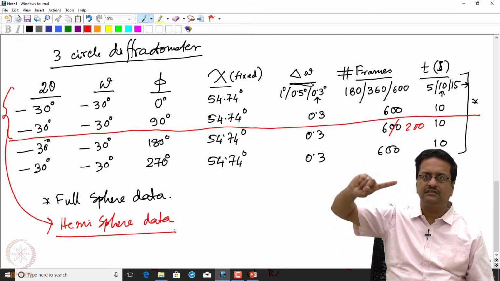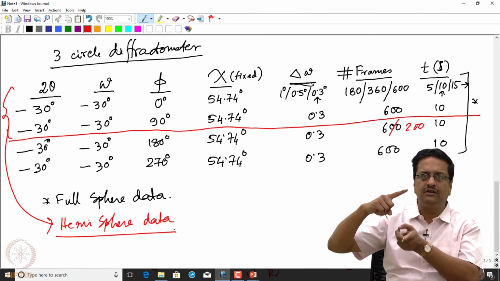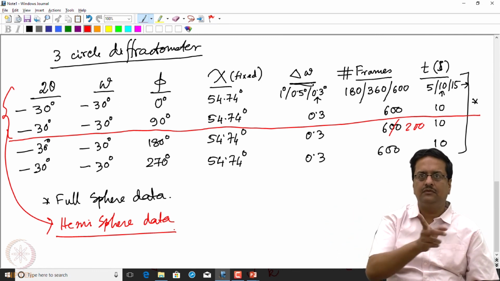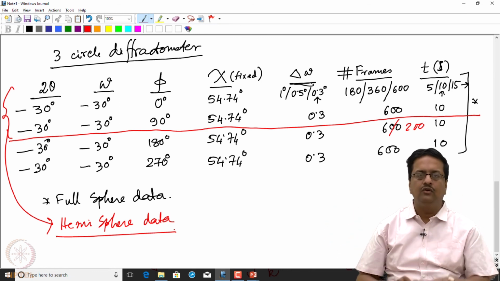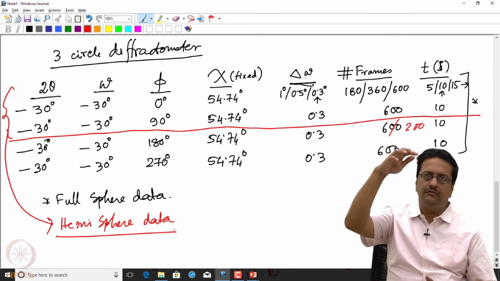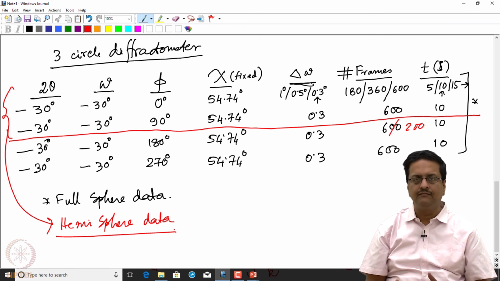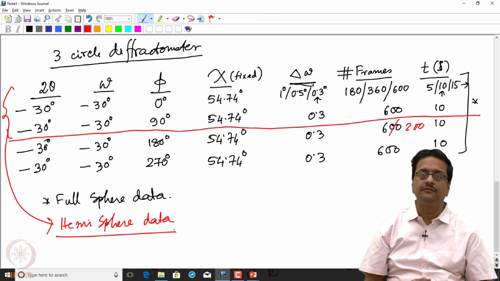In case of fixed chi, the crystal stays at a particular angle of 54 degree with respect to the base. So, by rotating the crystal about this axis, one can make the data collection faster, one can bring the reciprocal lattice points which are much higher than the detector to fall on the detector easily. So, the data collection time reduces significantly.